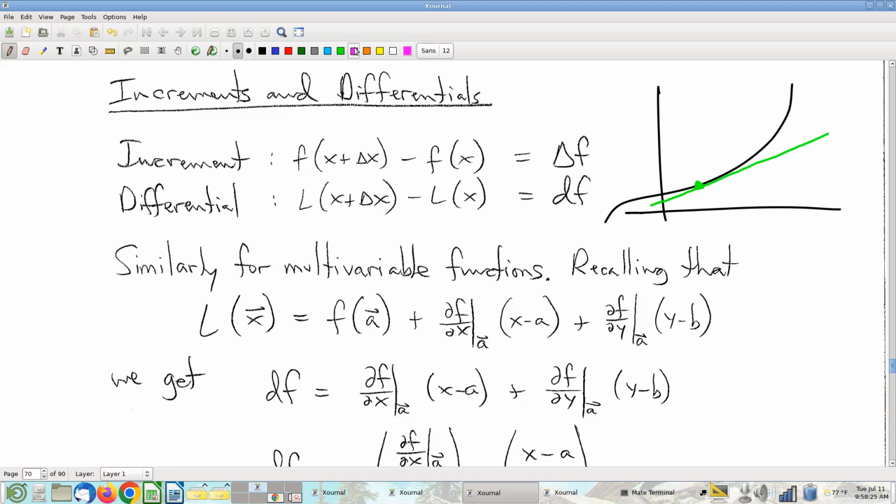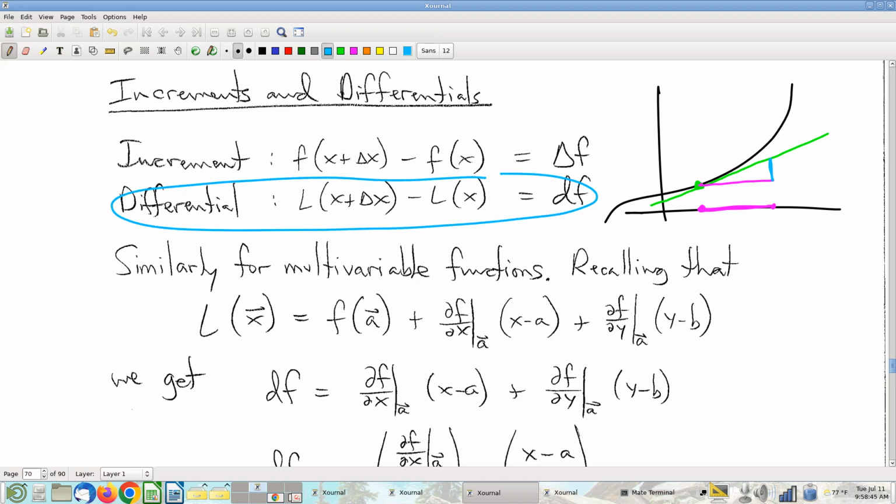And then if I move over by some amount, you can talk about the rise and the run and all that. Then in this picture, the differential is this side of the triangle here. The differential, again, is a change in our linear estimate.